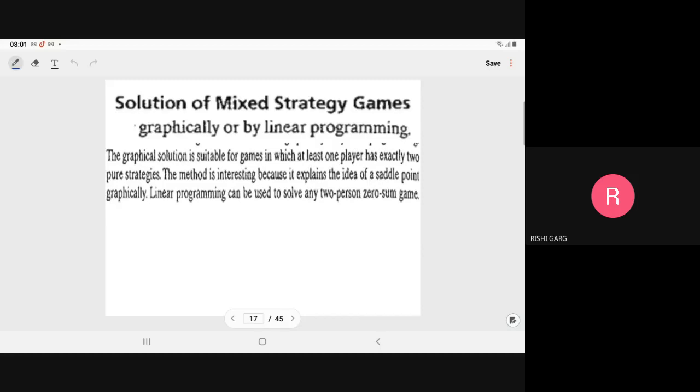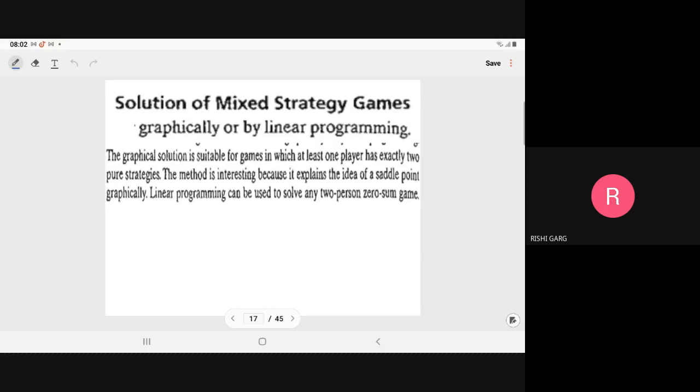So before starting the linear program method, we have the graphical method. The graphical method is useful, right? First, it is suitable only when any one player must have only two alternatives, then only you can apply the graphical method, because in the graphical method you require the axis. So if any one player has only two alternatives, the other player can have as many as possible, right?